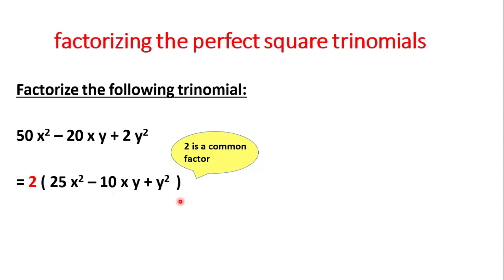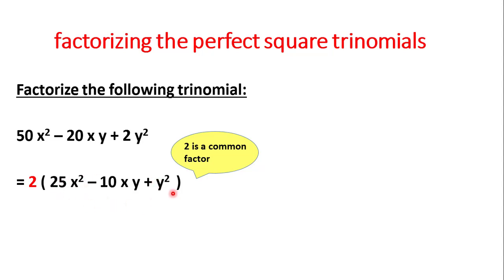Then I want to factorize this trinomial. I can notice that the first and third terms are perfect squares. So let's check the middle term. The middle term should be positive or negative 2 times root first times root third. So 2 times 5x times y. So it will be 10xy.